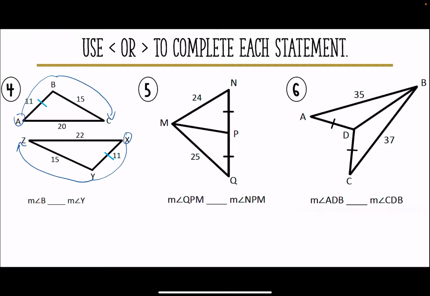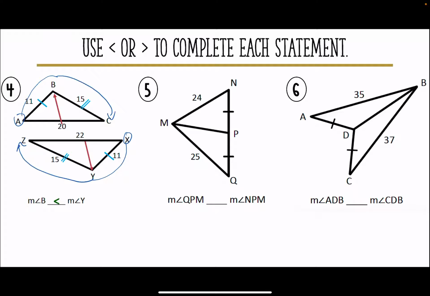And YZ and BC are also congruent. So then we're going to be looking opposite those angles and opposite those sides, and notice that XZ is greater, which means AC is less than, and angle B is going to be less than angle Y.